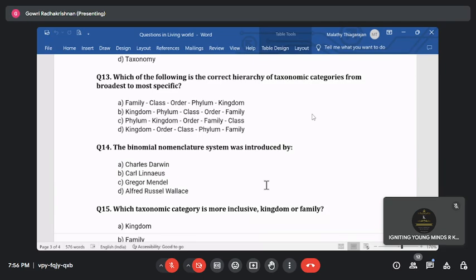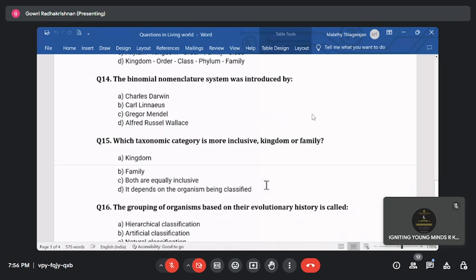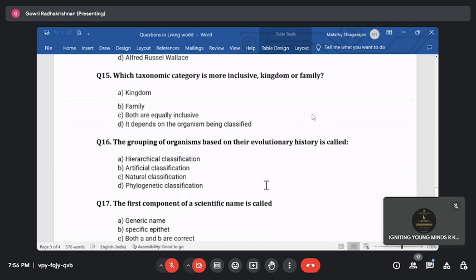Very good. The binomial nomenclature system was introduced by Carl Linnaeus. Yes, correct. Which taxonomic category is more inclusive, kingdom or family? Kingdom, ma'am. Because it's a very broad classification, so everything comes under that. So it's very inclusive.